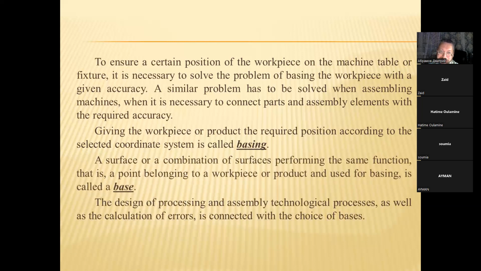Giving the workpiece or product the required position according to the selected coordinate system is called basing. So what is basing?